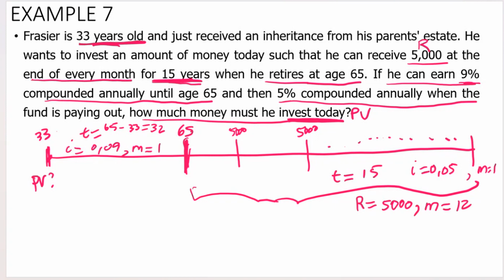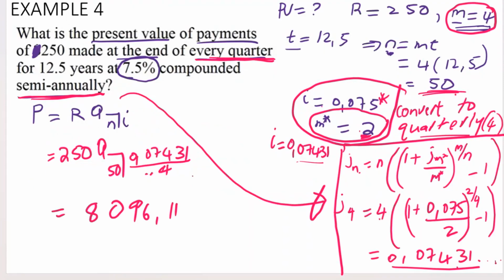It's very important. However, the interest rate, I'm going to put a star, is not compounding at the same time as your payments. It's a problem. If you compare with the previous example, the compounding periods of your payments need to be the same as the compounding periods of your interest rate. So we need to convert this interest rate using the same formula, okay?